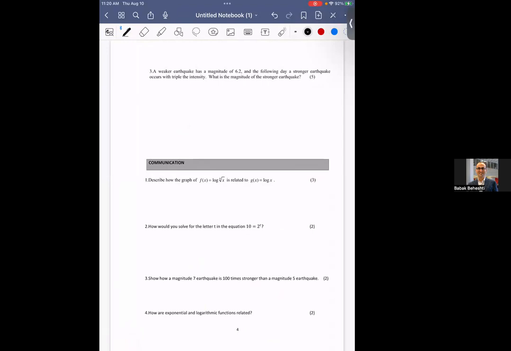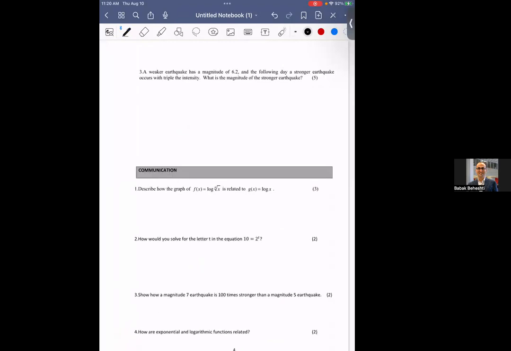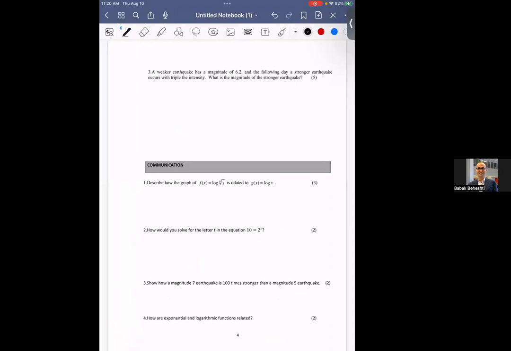Question 3. Oh, the question 3 on the top. Okay, so you have an earthquake with magnitude M1 of 6.2.